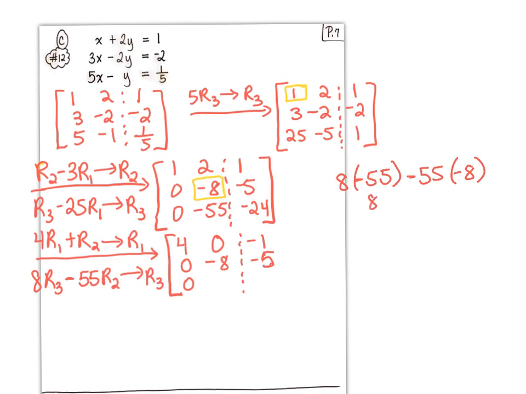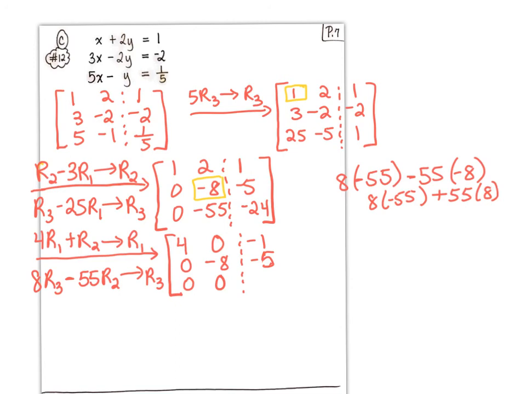So this is 8 times negative 55 plus 55 times 8. What are you going to get? 0, because they're opposites, right? You're going to get 0. Beautiful algebra.